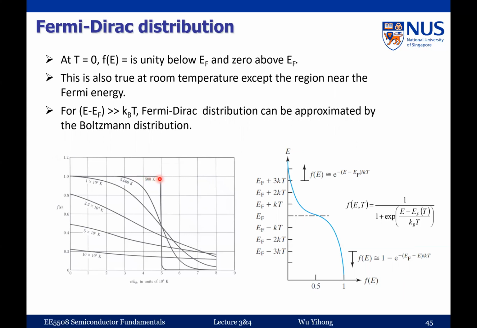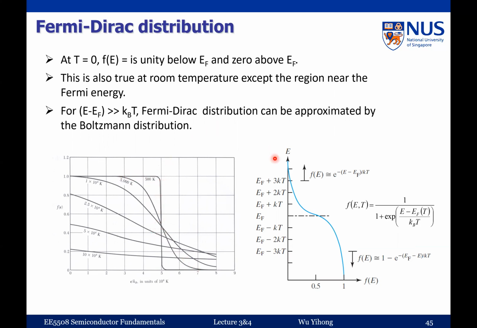When you approach the Fermi surface, F becomes smaller than 1, and above the Fermi surface it is not 0; you have a finite value for this distribution function. When you increase the temperature, this distribution becomes more rounded, right? You have more electrons above the Fermi surface, and more vacancies below the Fermi surface.